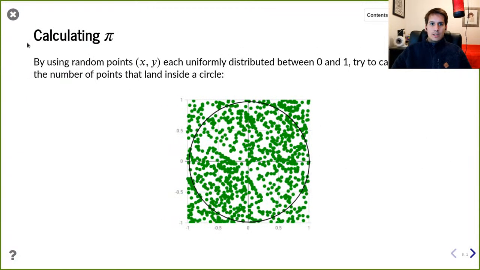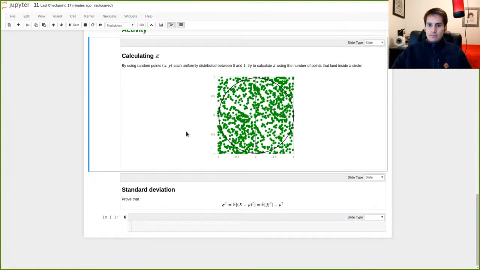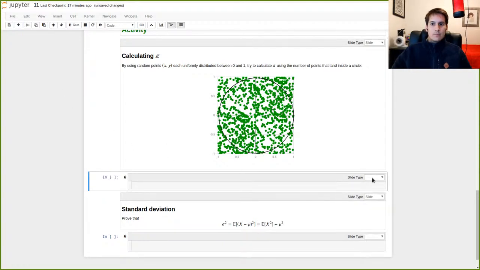Basically, that's the activities. I'm not sure if you want to do the activity all together or separated in groups. What do you think is best? Maybe we can do it all together. What do you think?